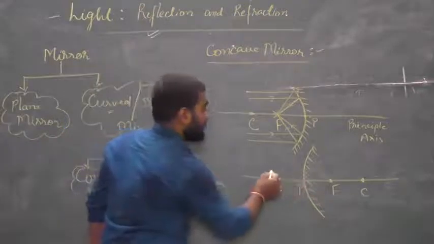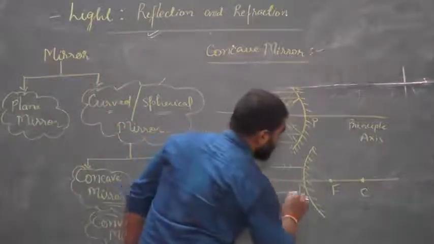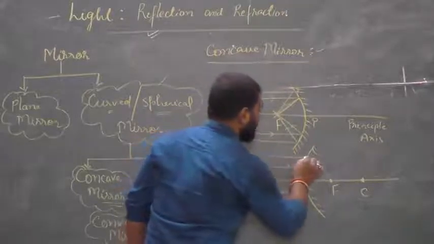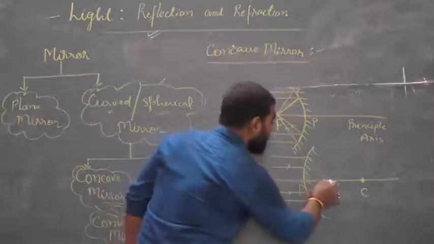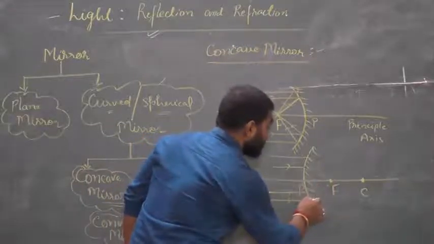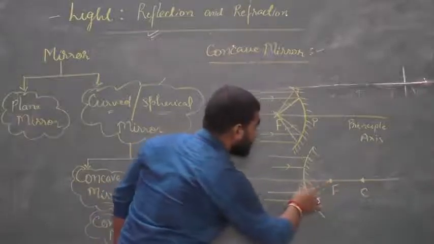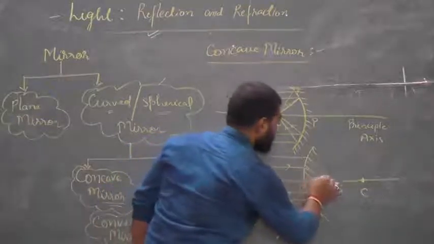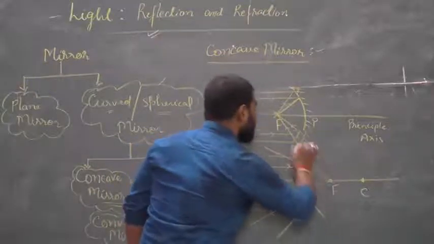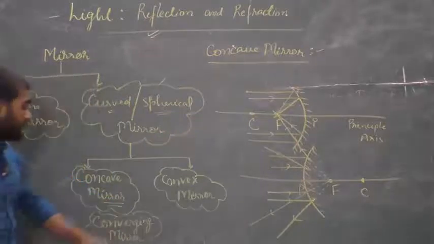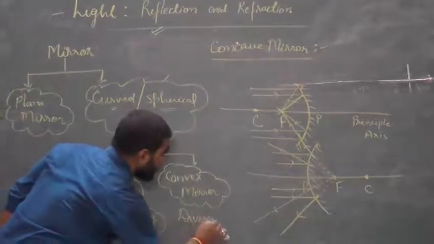What is the characteristic of this convex mirror? When a beam of light parallel to the principal axis falls on a convex mirror, it gets reflected as if from the focus, or you can say it diverges from its focus, in this way. Therefore, this mirror is also known as a diverging mirror. So the convex mirror is also called a diverging mirror.